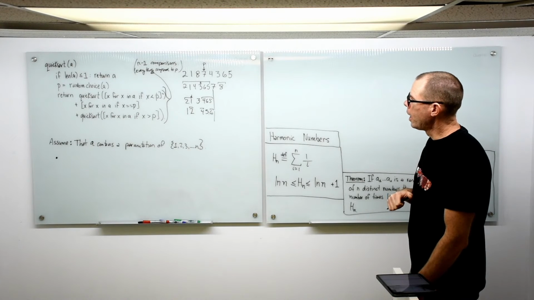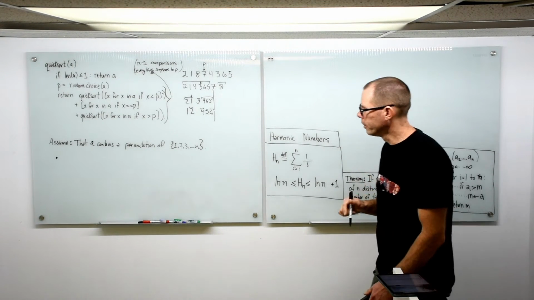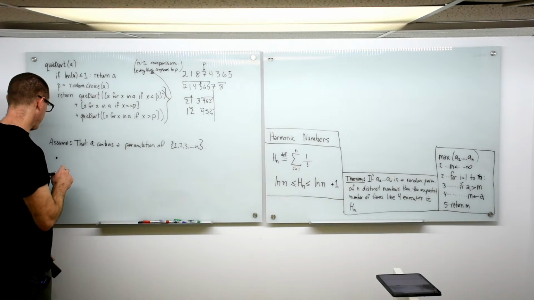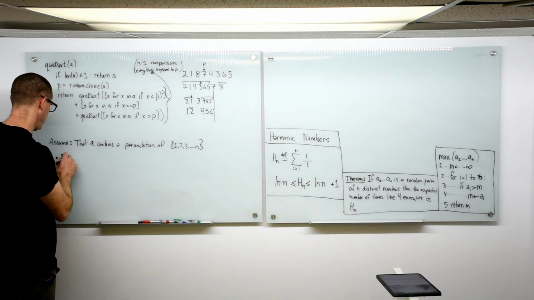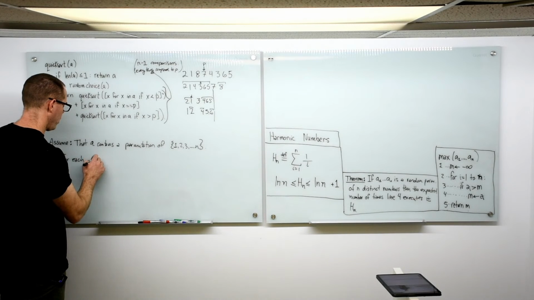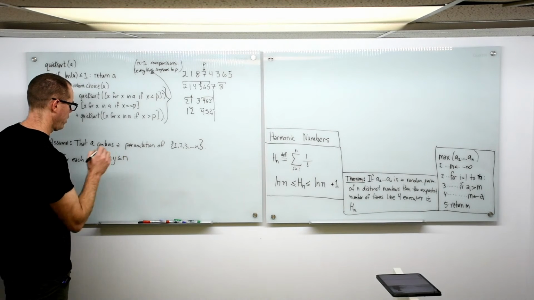Okay, just so we can be a little bit clear. So let's say for each, let's take 1 less than or equal to x, less than y, less than or equal to n.